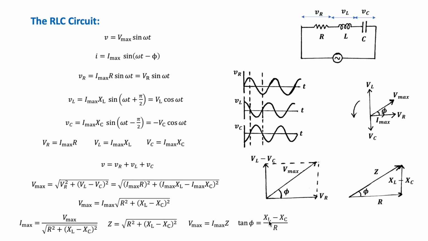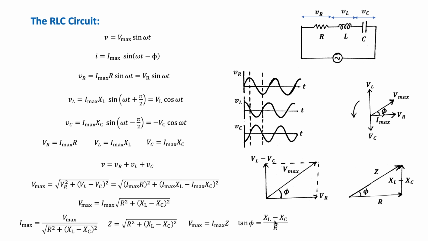If X_L is greater than X_C, which occurs at high frequencies, then the phase angle is positive, which means that the current lags behind the applied voltage. If X_L is less than X_C, then the phase angle is negative, which means that the current leads the applied voltage.